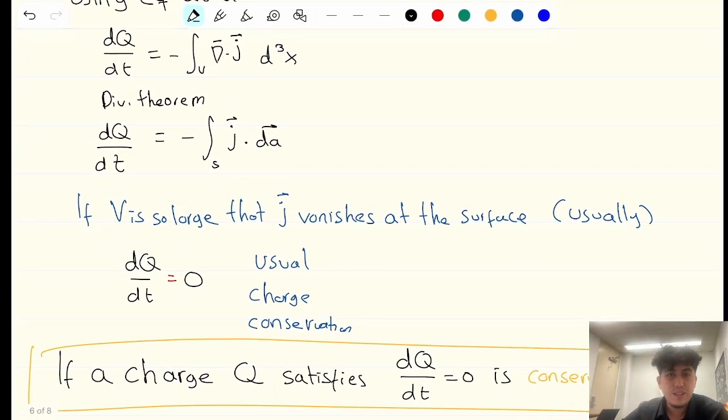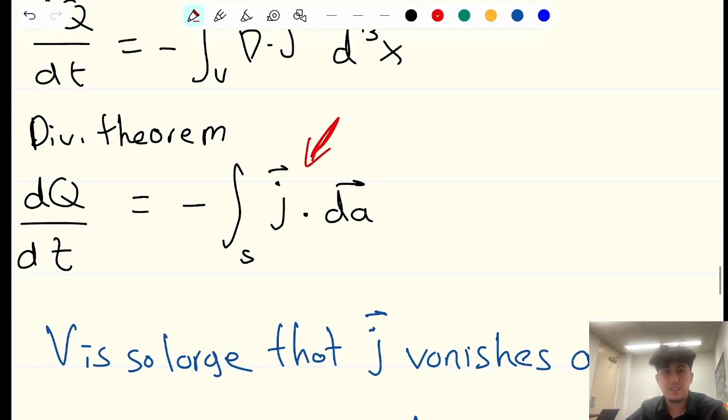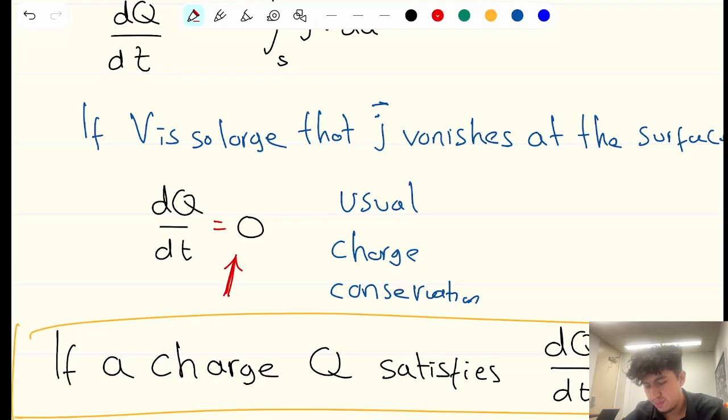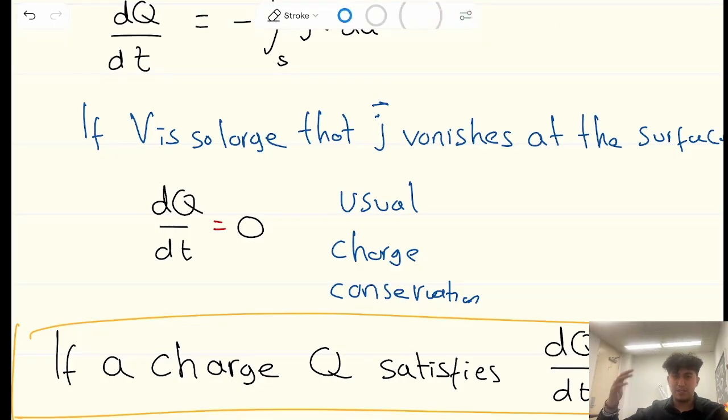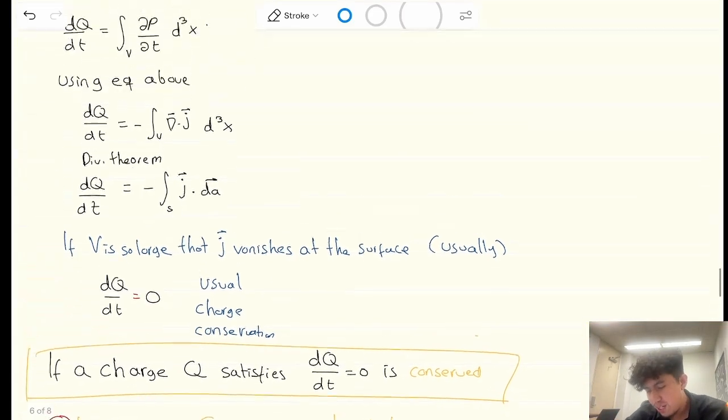Usually if we take a volume that is huge, then we assume that the current vanishes at the surface, whatever surface you're taking, and that's going to give you charge conservation. If you take the whole universe, then the current vanishes at infinity, and you get charge conservation.